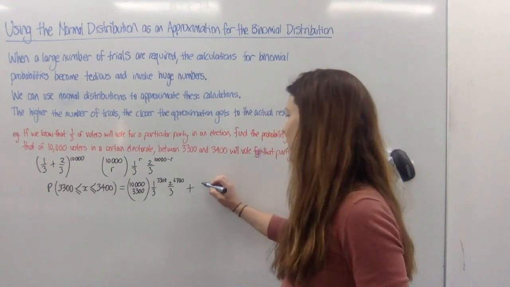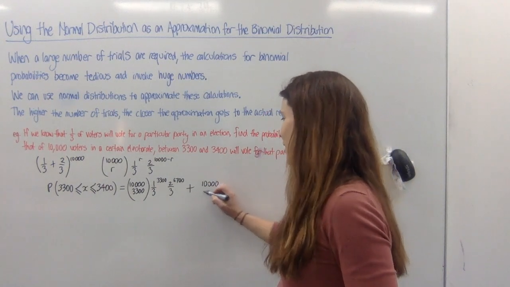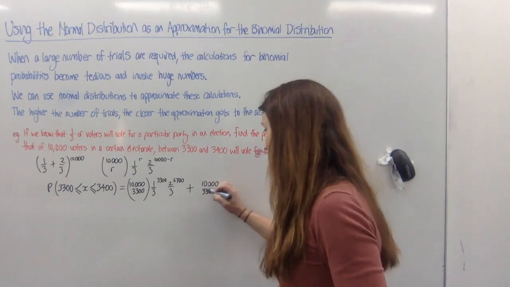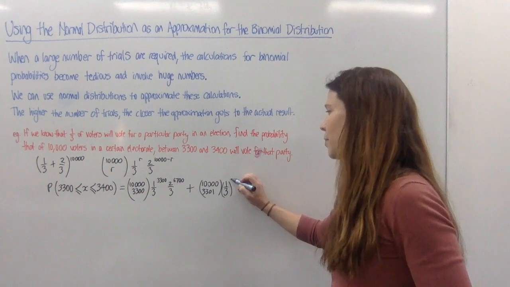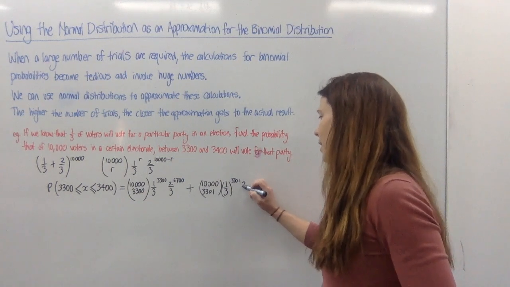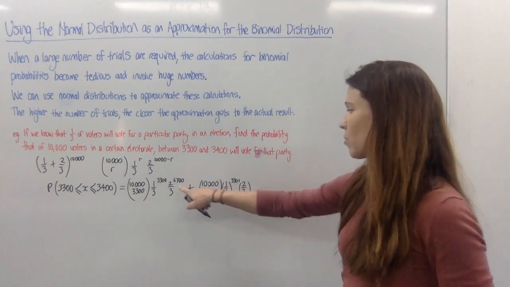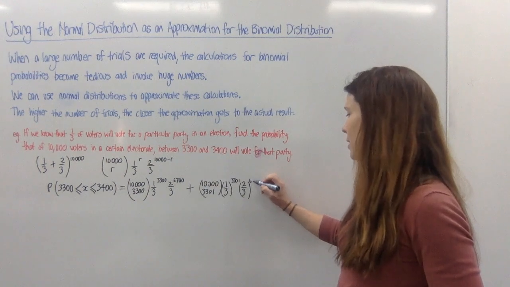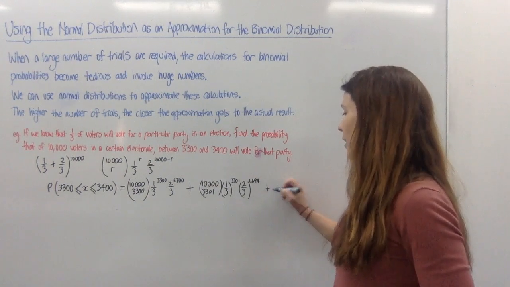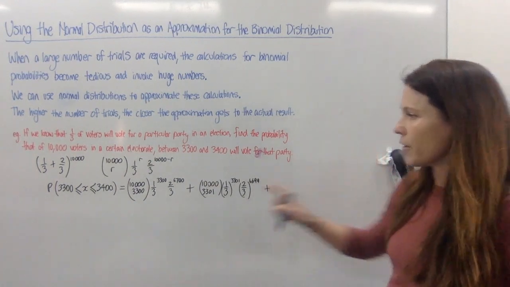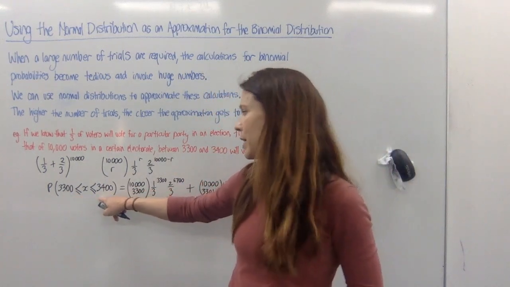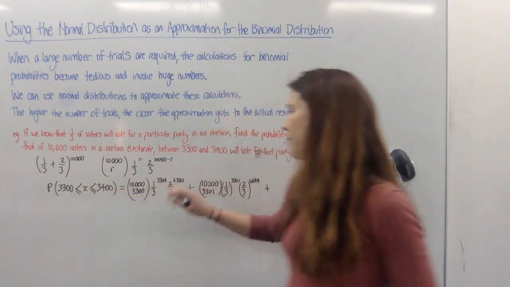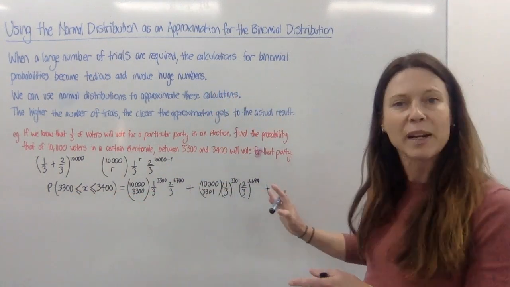Now we need to add that to the chance that 3,301 people voted this way. So we've got 1/3 raised to the power of 3,301 and 2/3 raised to a number slightly smaller than that, 6,699, plus. There are going to be 100 terms, actually 101 terms in here, because we need everything from here to here. Now, clearly that's a massive amount of work to do.